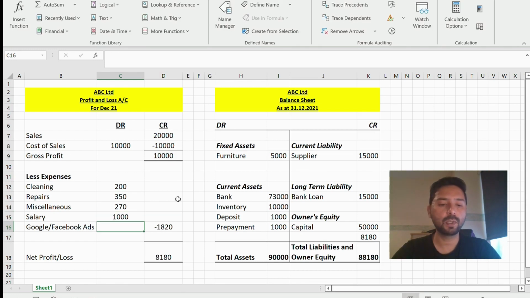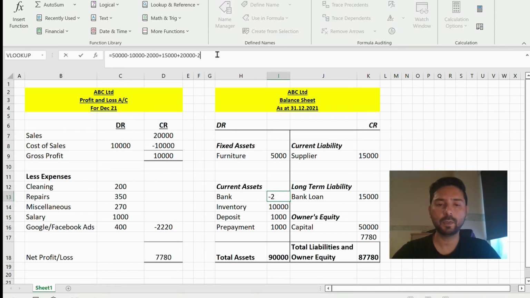Business needed to be promoted on social media, so the owner spent, let's say, 400 euros on Google ads or Facebook ads or stuff like that. So that's basically it, right? Now during the month these expenses happened for 2,220 euros, and they were paid through the bank, right? So let's reduce bank by 2,220, right?